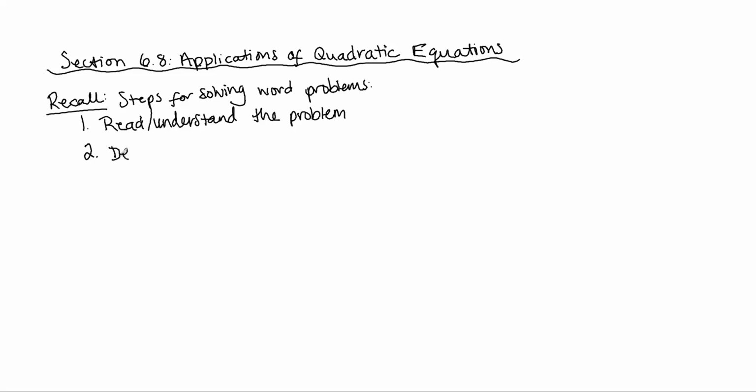Secondly, we want to define a variable. And so that means we're going to be saying something like x equals some quantity, whatever we're solving for. Or you can draw a diagram.